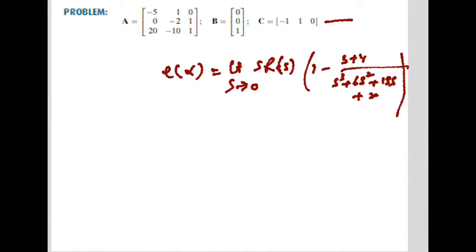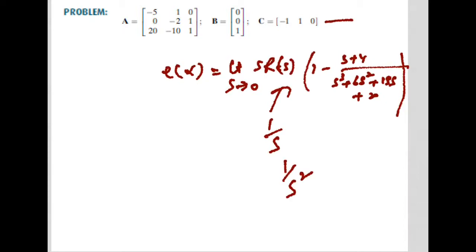Now we have to do it for different cases, that is, for the unit step input. We have to find the steady state error for R(s). For the first case, R(s) is 1 by s, the unit step input, and for the second case it is 1 by s square.